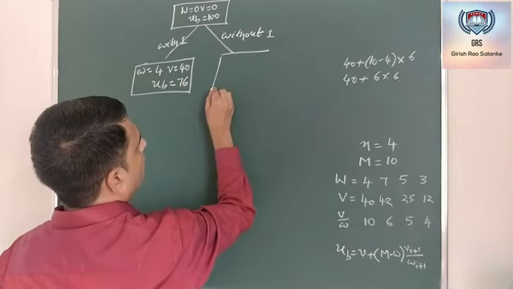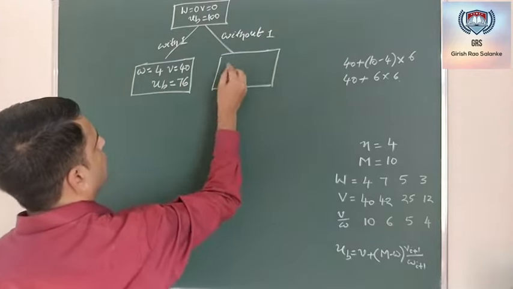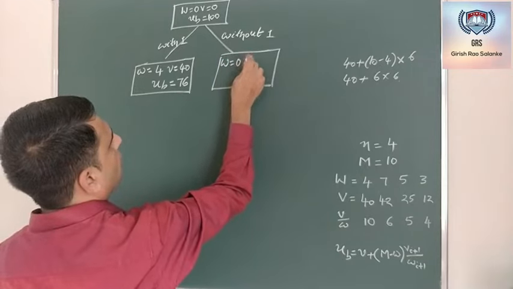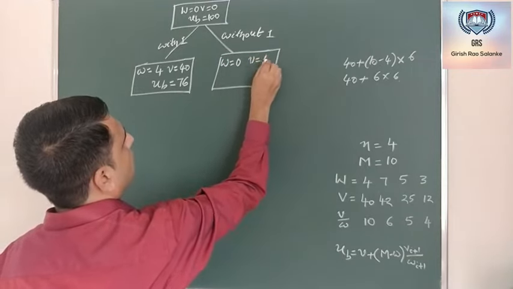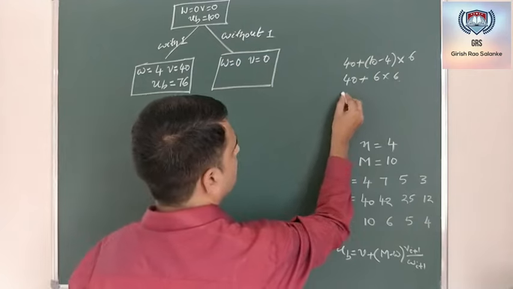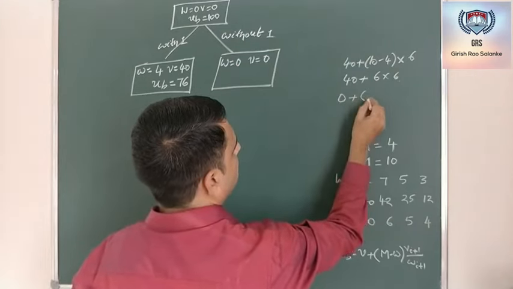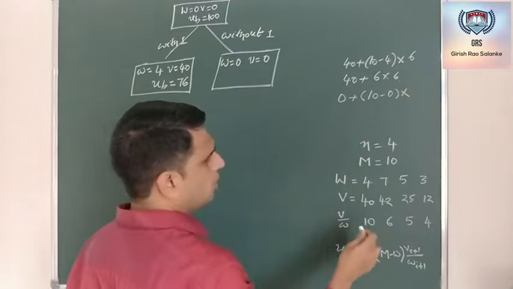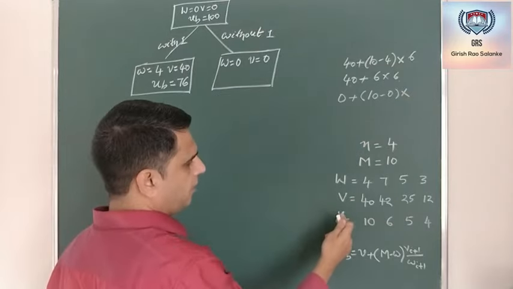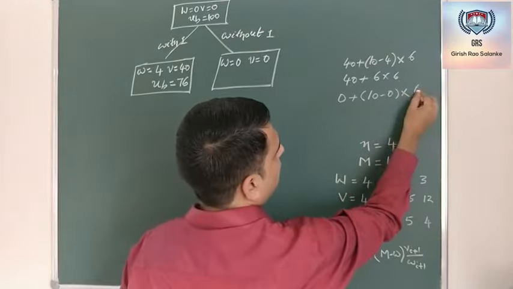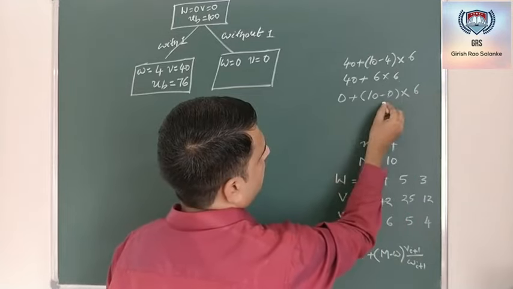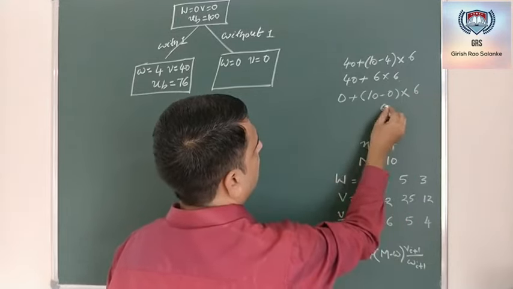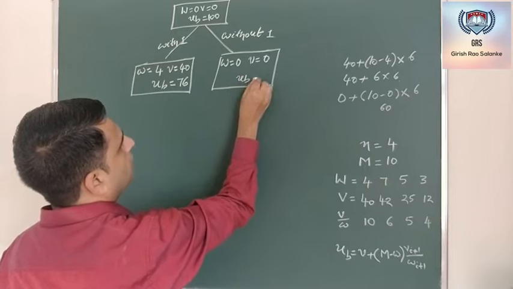Now without the first object, my W will be 0 and my V is equal to 0. So this is 0 plus 10 minus 0 into profit to weight of the next object, that is 6. 10 minus 0 is 10. 10 into 6 is 60. So the upper bound is 60.